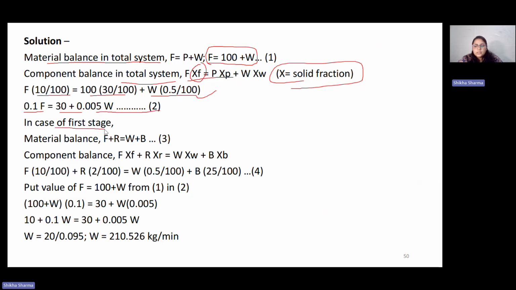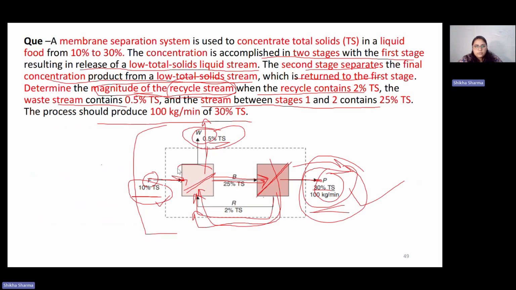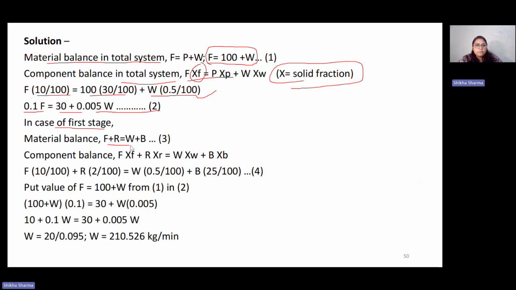Now, in the case of the first stage, let's discuss the component balance here. F plus R equals W plus B is the material balance, and the component balance would be F into XF plus R into XR equals W into XW plus B into XB.